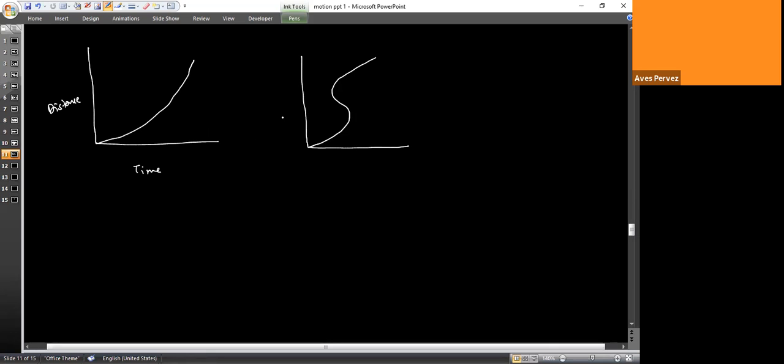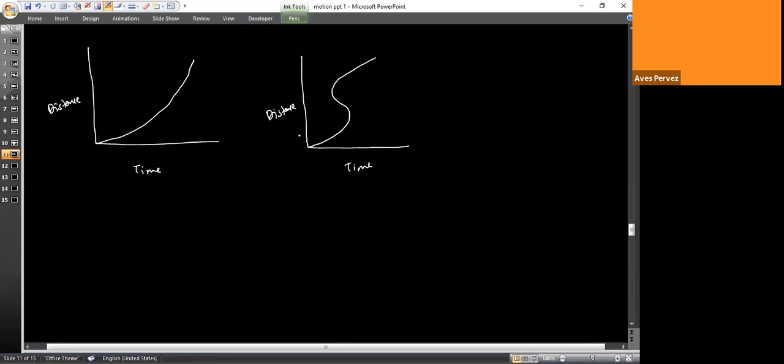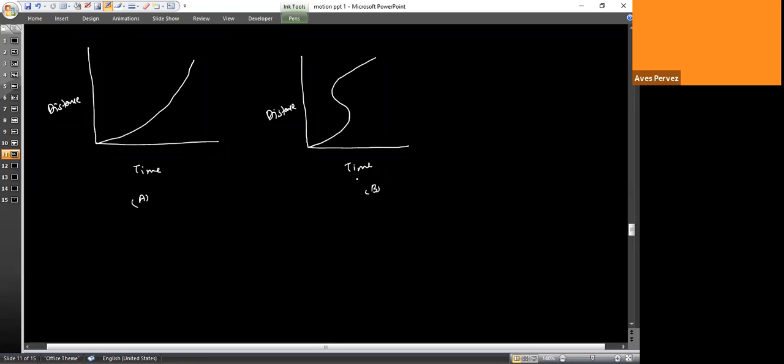Just think, just relax, and just think which of the graphs is possible, which is the correct graph. This one is A, this one is B, which graph is possible and which one is an impossible graph.